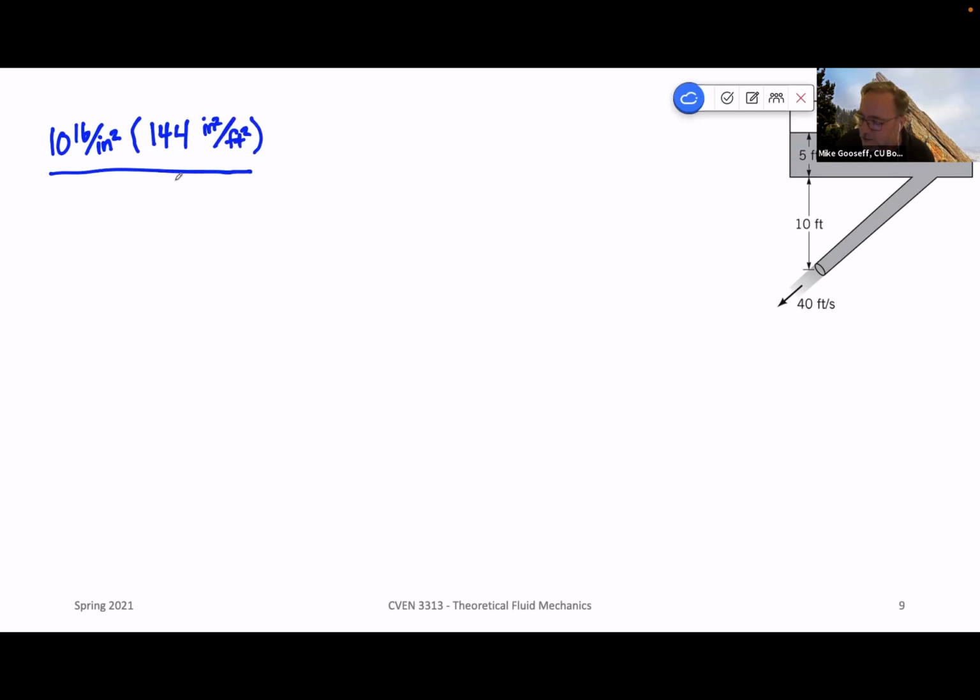Remember, this is still divided by gamma. We add the 15 feet of elevation difference between point 1 and point 2, and that is equal to this 40 feet per second quantity squared divided by 2 times our acceleration due to gravity, 32.2 feet per second squared.